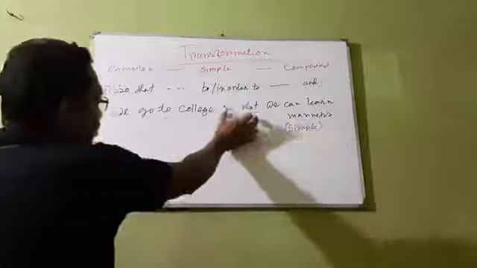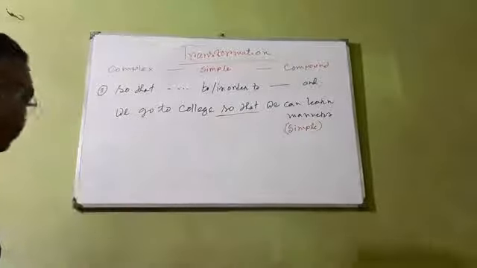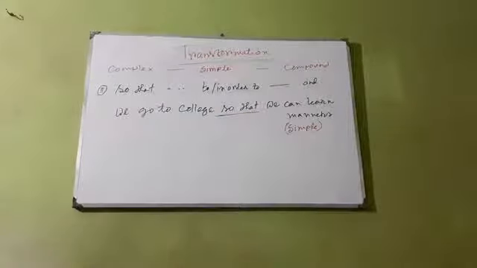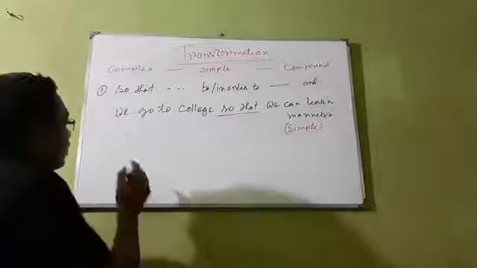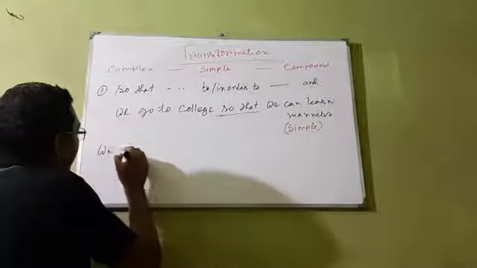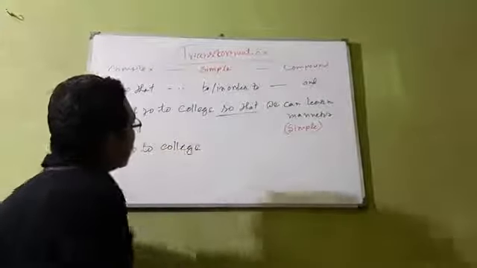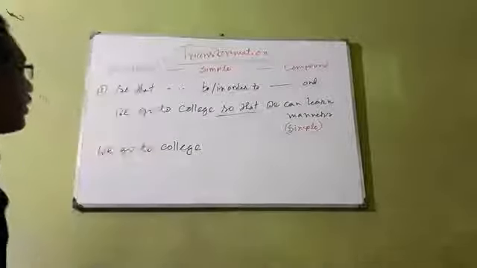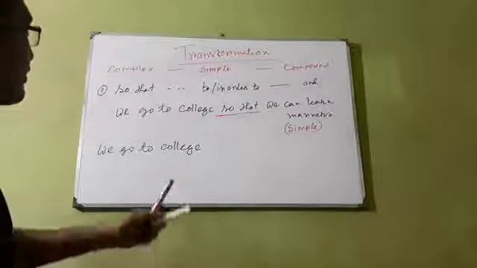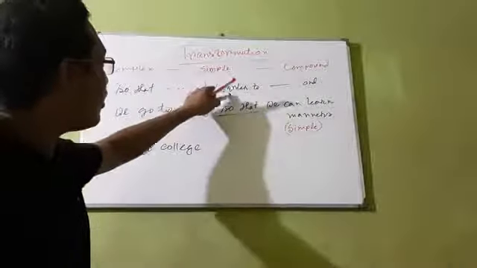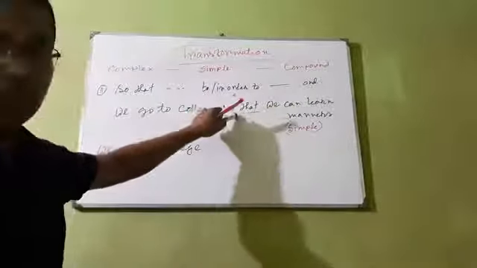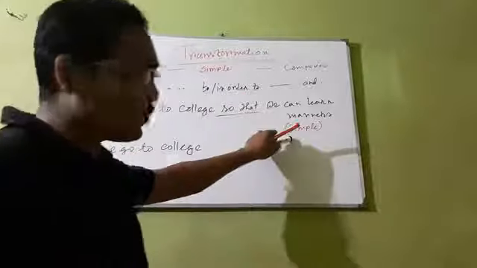That means before so that we have to continue. We go to college. Now we have to replace so that with to or in order to, if we want to make the sentence into simple.